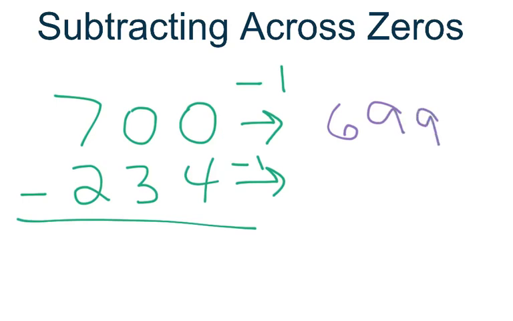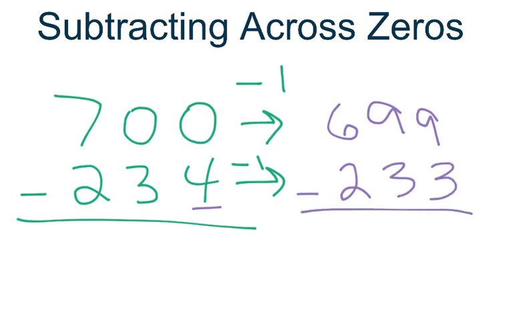If I have 234 and I subtract 1, you're left with 233. And then this eliminates the regrouping, the confusion if it's a 10 or a 9. So this eliminates all regrouping.